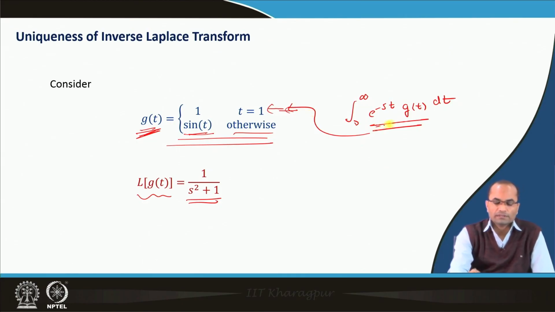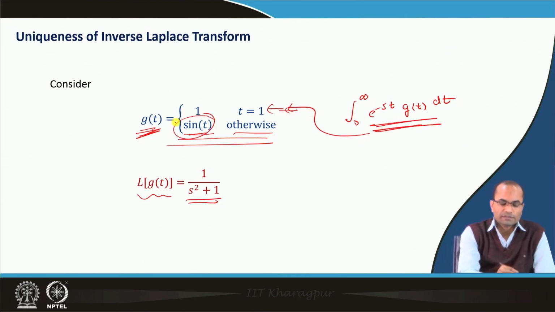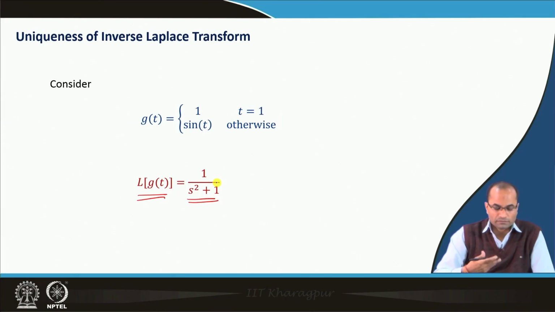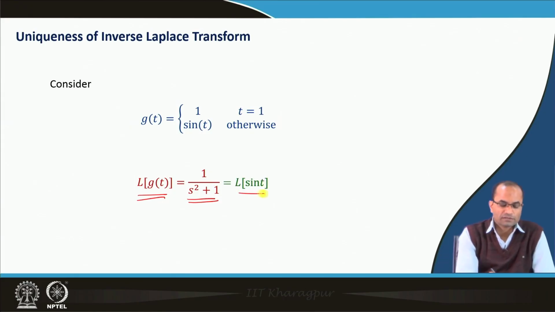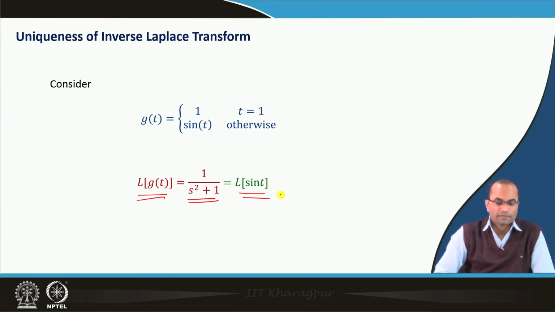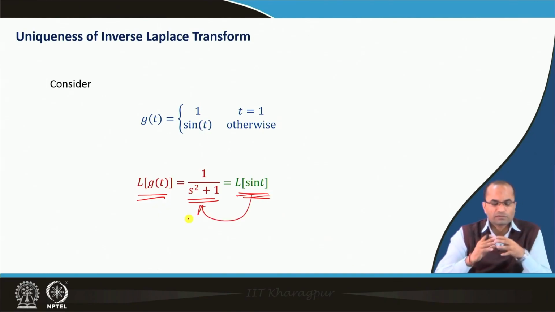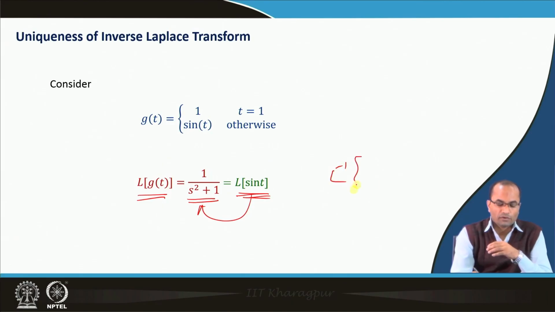So, eventually this is the Laplace transform of sin t only. We get the Laplace transform of g(t) the same as the Laplace transform of sin t. Now, with the earlier definition, if the Laplace transform of sin t is 1 over s square plus 1, then the L inverse of 1 over s square plus 1 will be sin t.